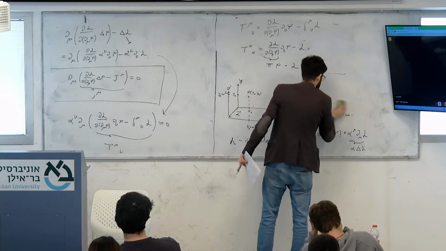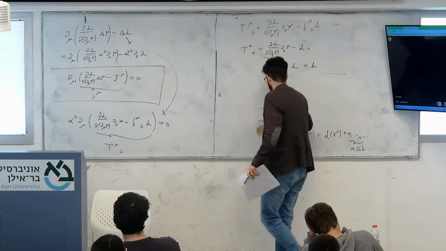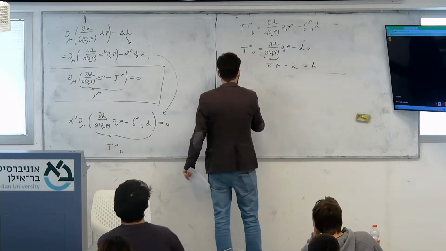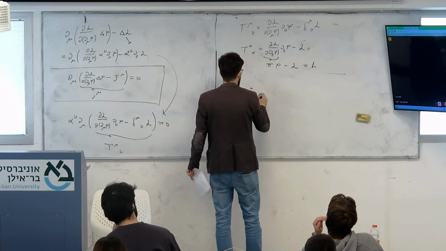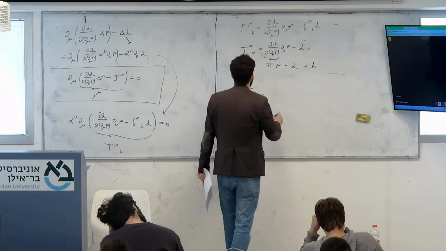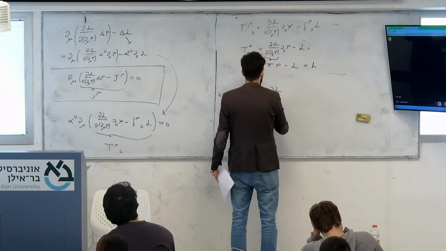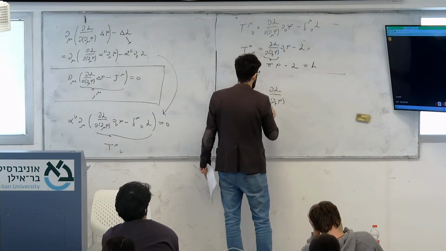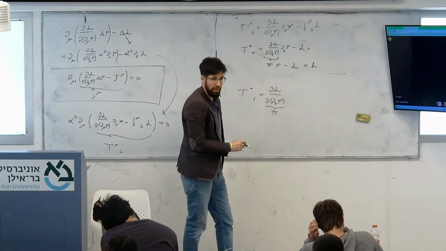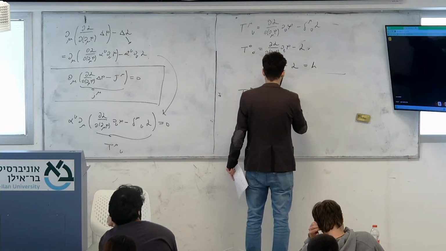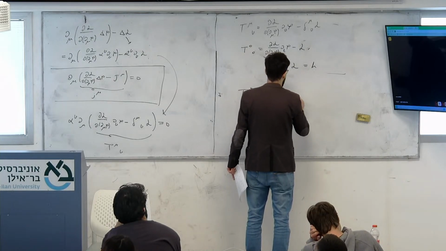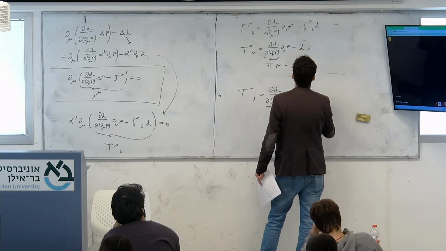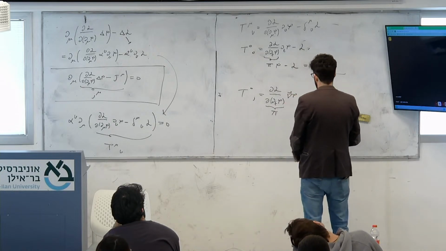Okay? And similarly, we can write T^0_J, for example, would be something like ∂L/∂(∂_t φ), okay, which again would be our generalized π, times the gradient of φ minus, yeah, just that.